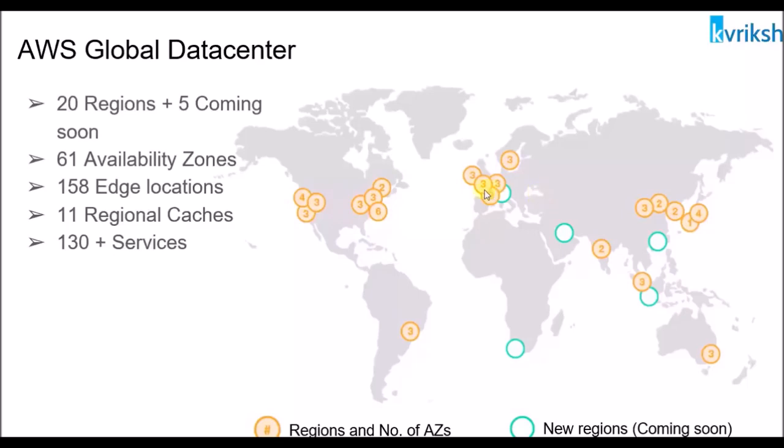Now every region is further comprised of typically 2 or more data centers. That's for high availability of AWS services, and those data centers are called availability zones. We will learn more about it shortly. Also, in AWS global data centers, there are something called edge locations.